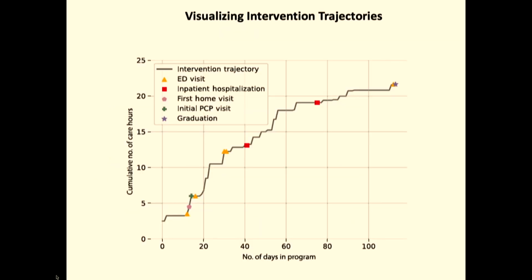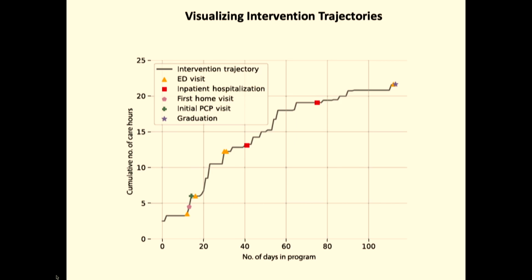We used it to create these trajectories, which say: for a patient starting on day 0, as the days progress in the intervention, what is the cumulative care team time spent by all members of the care team? I've also listed some other key milestones, such as the first home visit, initial PCP visit, and so on.